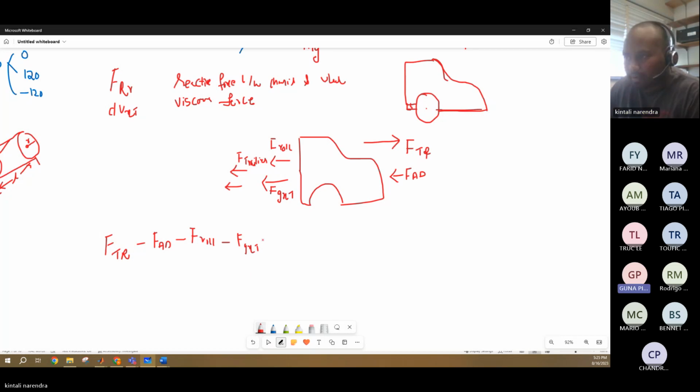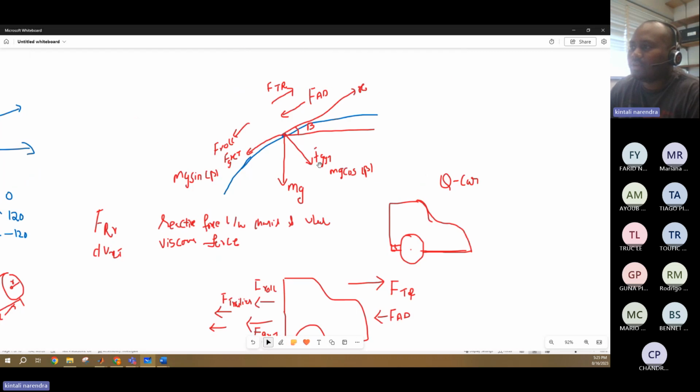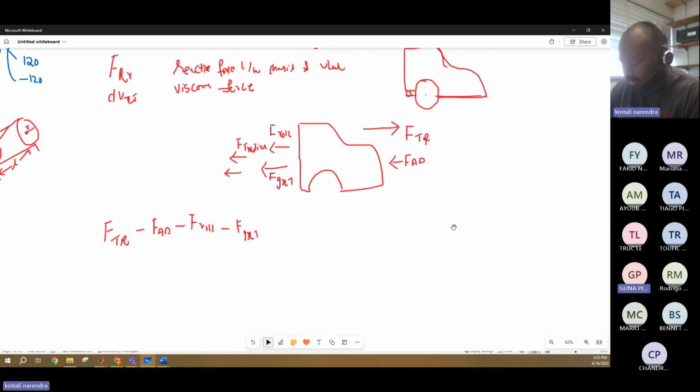What is that force? It is because of mg, the gravitational force. It's at an angle, so there will be a negative force. FGXT, and also the rolling force F roll I already wrote, minus viscous force.